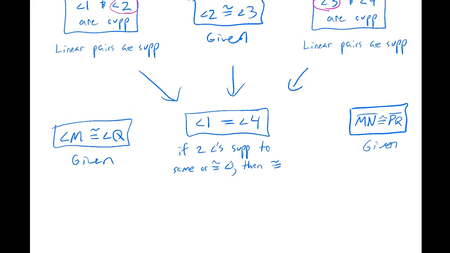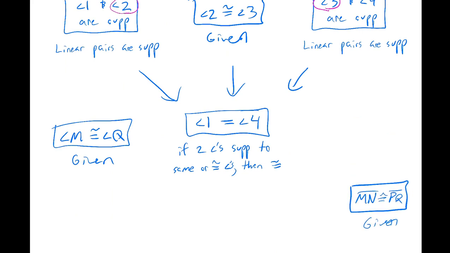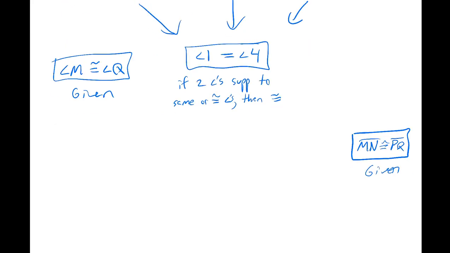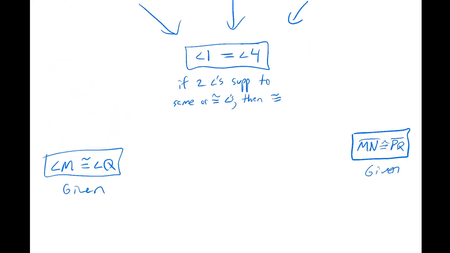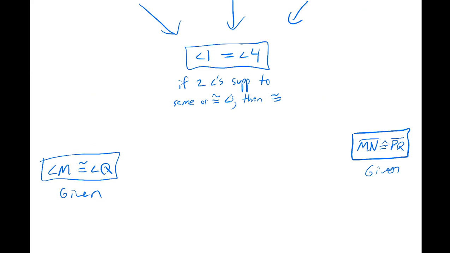Okay, so now with these three together, I'm going to move these down because I think I'm actually going to reuse it. This is where design and flowcharts are kind of cool.